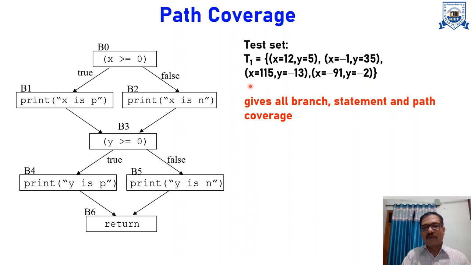One is x equals 12 and y equals 5. And the other is x equals -91 and y equals -2. So after adding these, if I execute my program or traverse through this graph, then I'm going to achieve branch coverage, statement coverage, as well as path coverage.